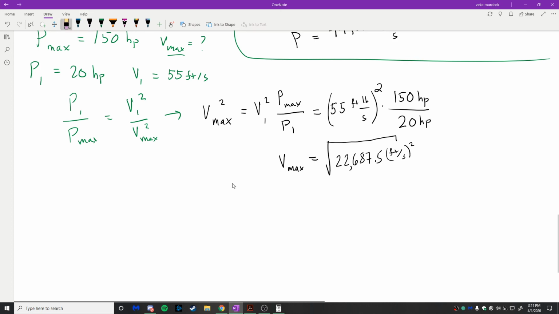And there's another error here. I don't know where that unit came from. This should just be feet. There we go. 150? Is that the answer?